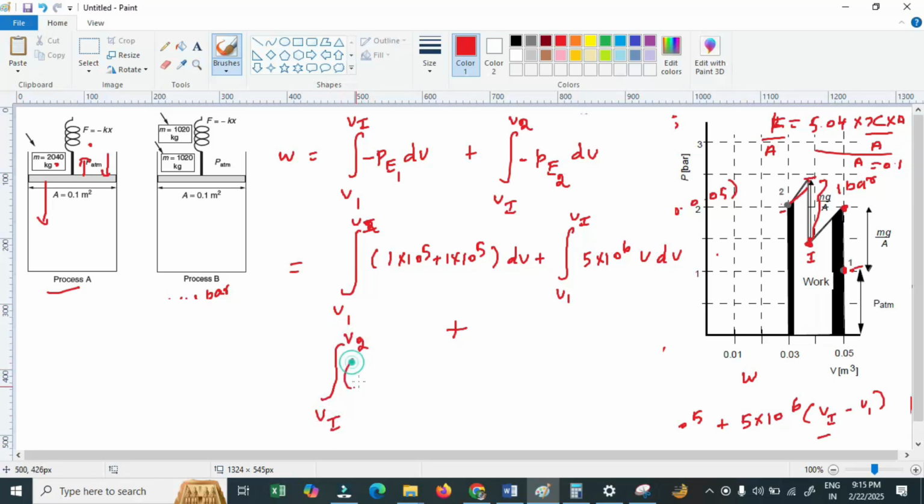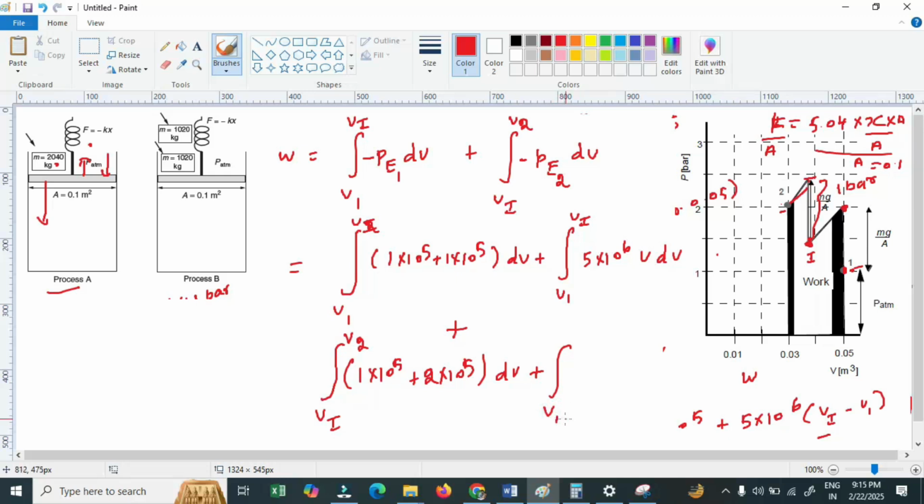Here, just look, atmospheric pressure is the same, 1 multiplied by 10 power 5 plus, here the weight doubles, so 2 multiplied by 10 power 5 into dV.